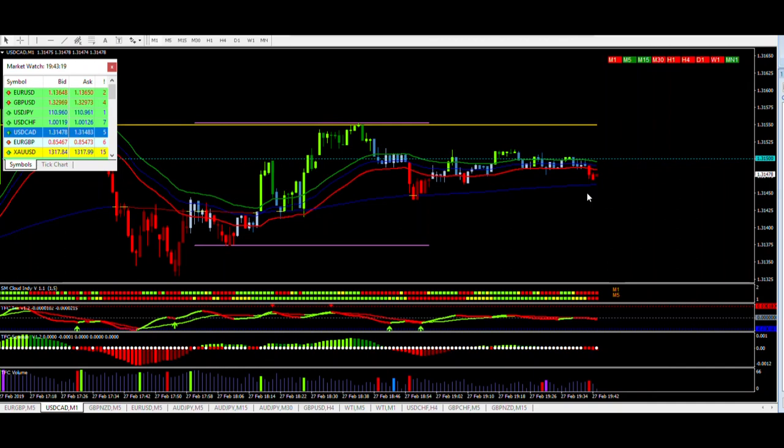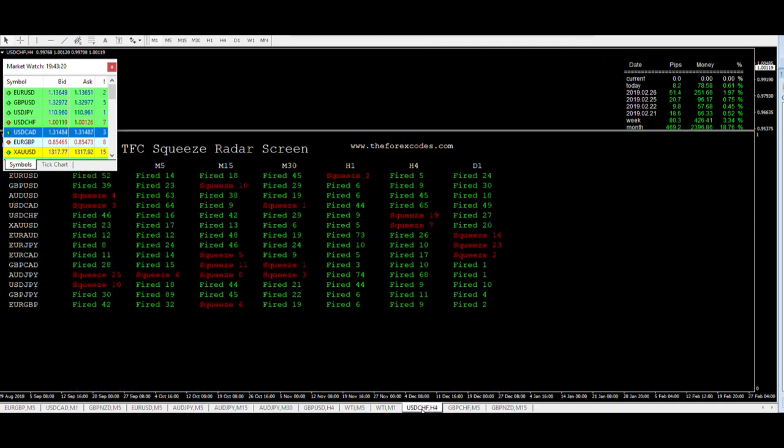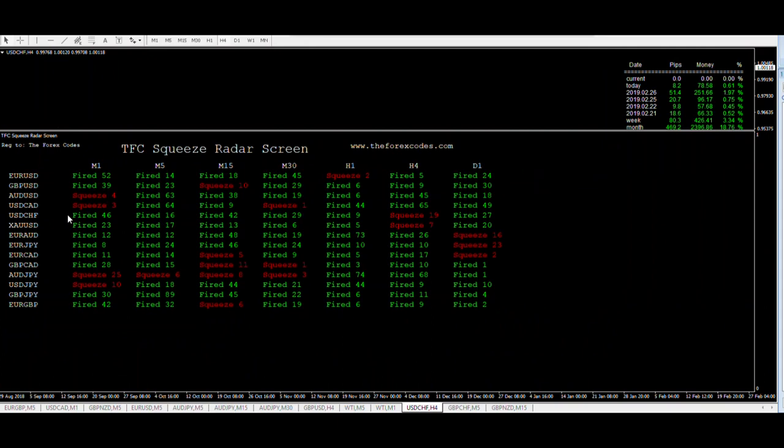But looking back at the radar screen, on the 5 minute, Aussie Yen fired off 6 minutes ago, and so on. You can even have daily squeezes for those that have just traded the daily chart. Let's have a look.